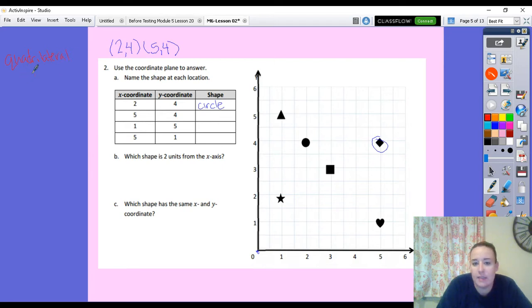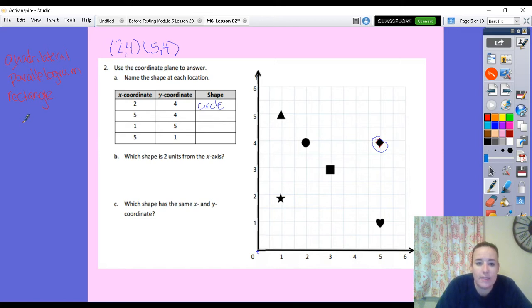I could list it because it has 4 sides. I could also list it as a parallelogram or a trapezoid, actually, because it has those two sets of parallel sides. I could also list it as a rectangle because it has 4 right angles.